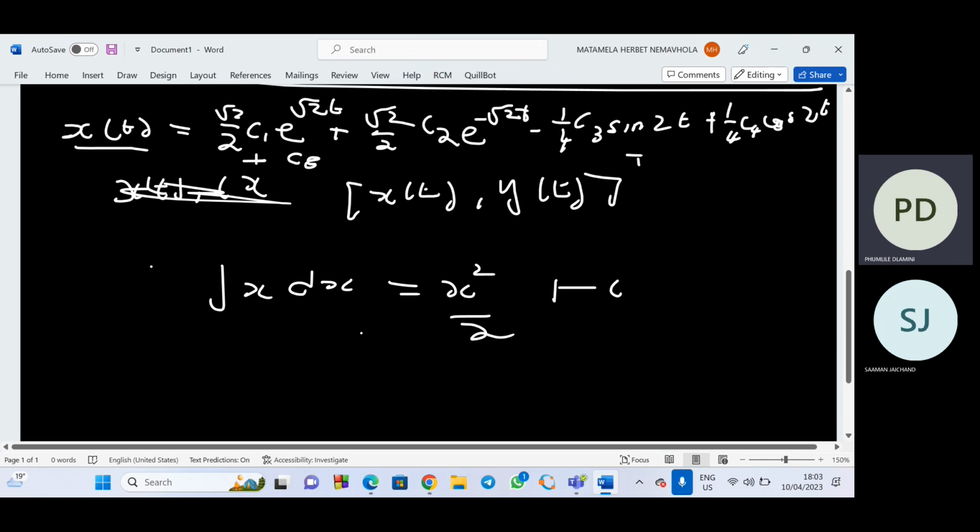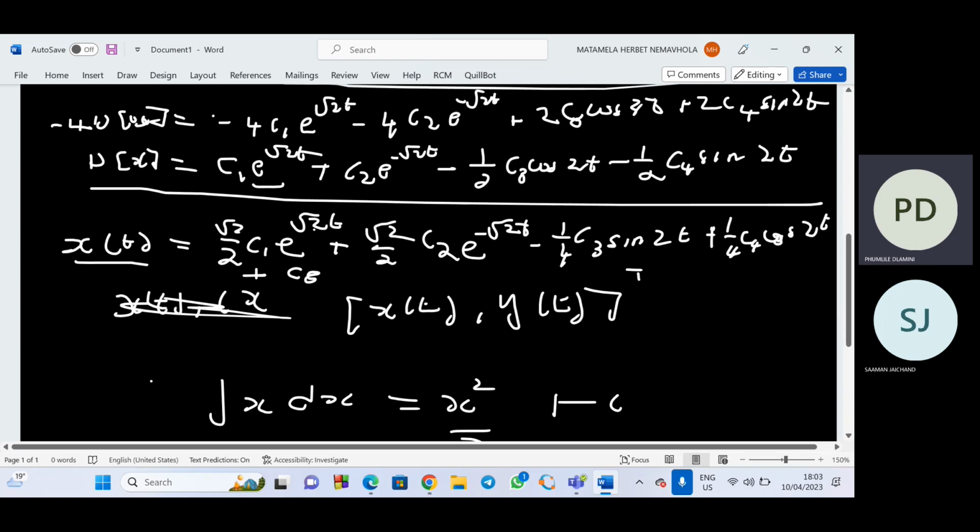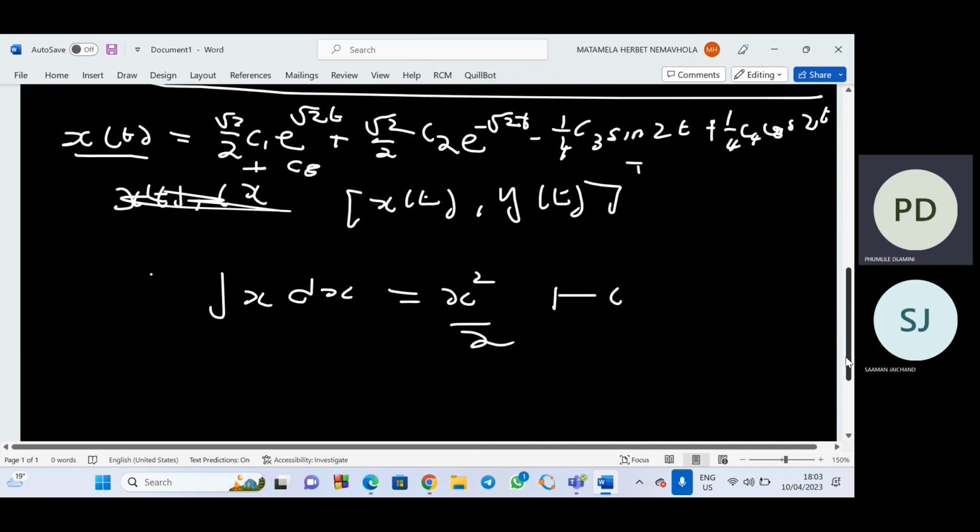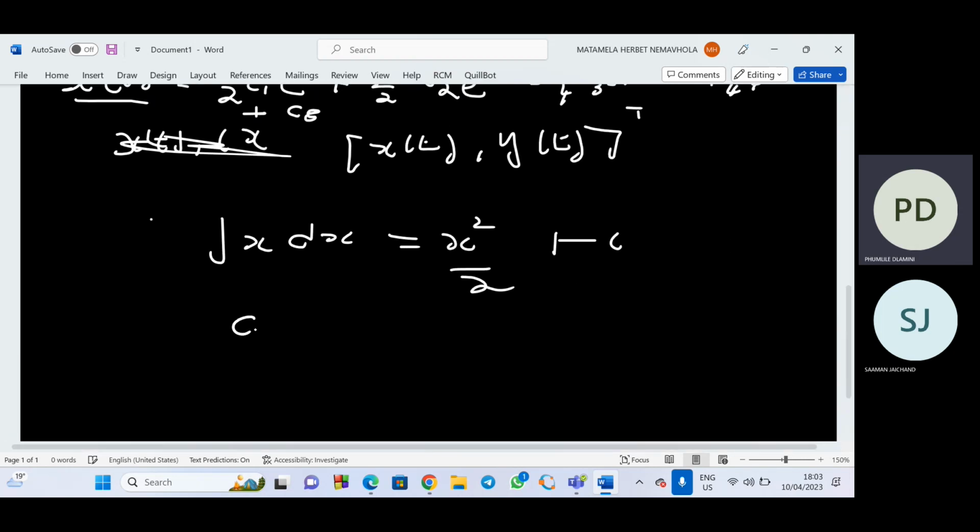If you substitute everything properly, you are going to find that when you solve it, everything cancels. This one cancels with the other one, all of them cancel, and your constant C5 is equal to 0.